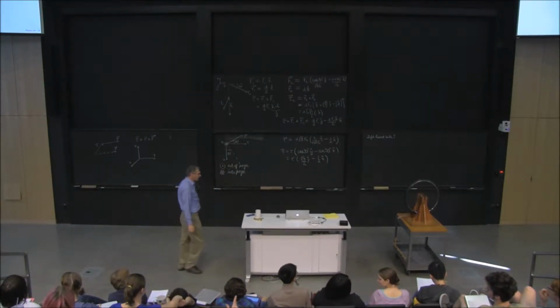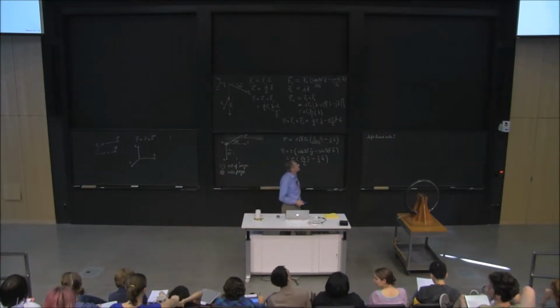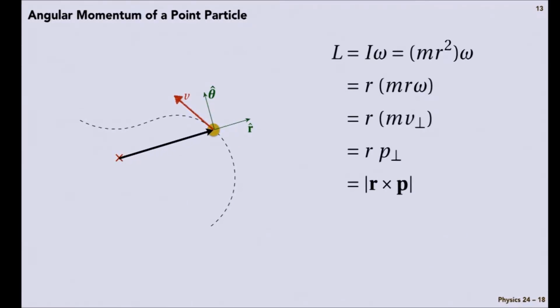Now, we had before the angular momentum of a point particle moving in some goofy direction. And if you recall, we said it's the moment of inertia times the angular velocity.